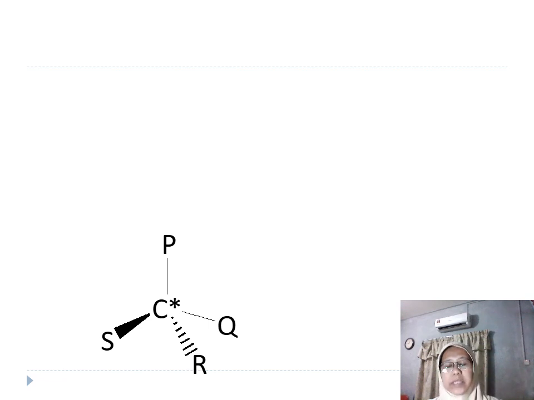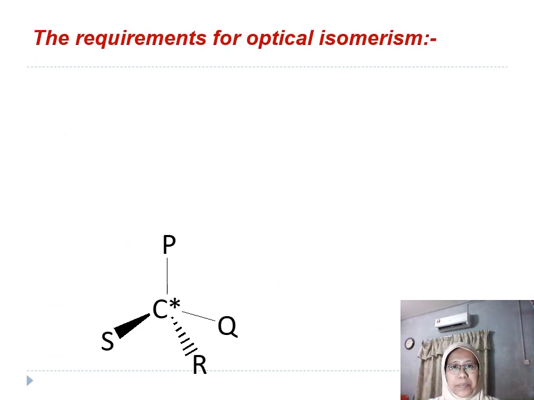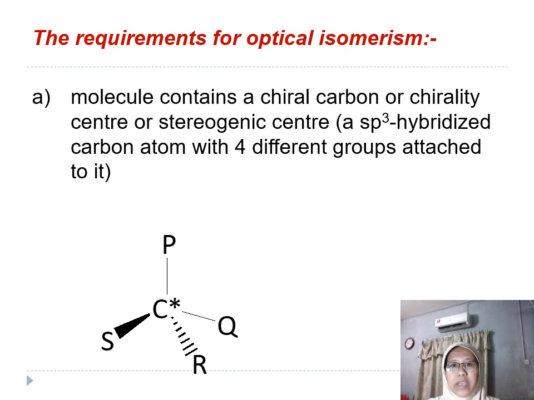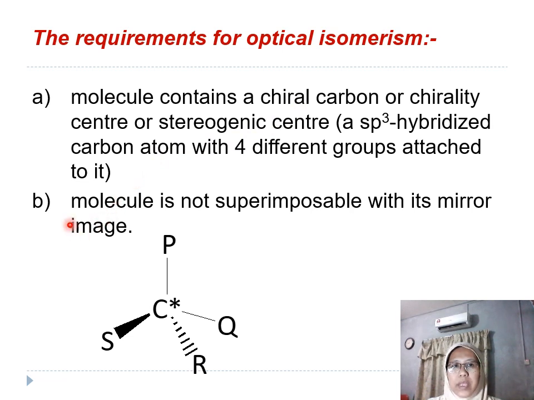So what are the requirements for optical isomerism? The first one is that it has to have a chiral carbon or chirality center. We also call it a stereogenic center, whereby the carbon here is an sp3 hybridized carbon atom, because it has 4 different groups attached to it, P, Q, R, and S, so we call it a chiral carbon. And also, the second requirement is that the molecule is not superimposable.